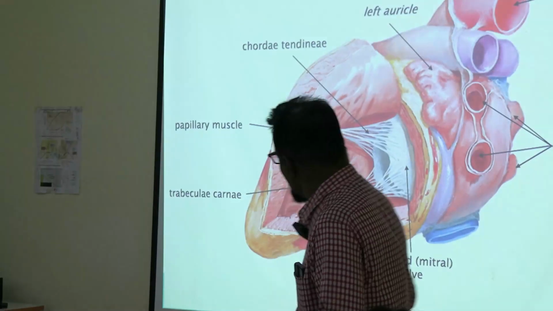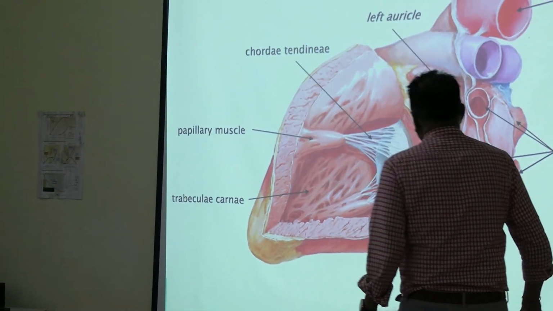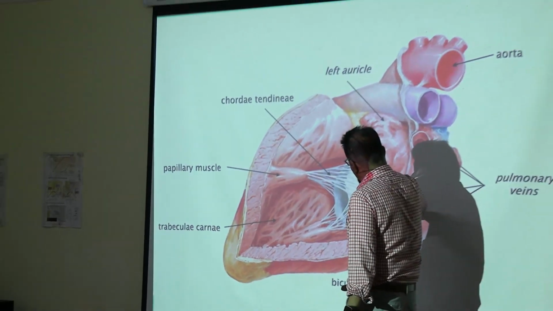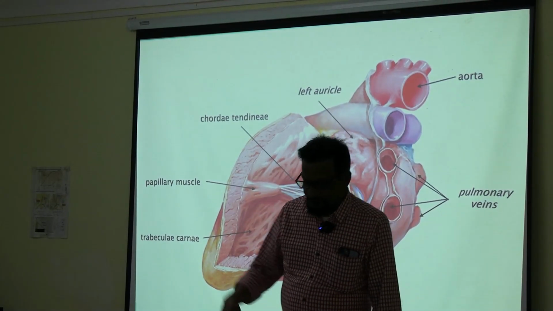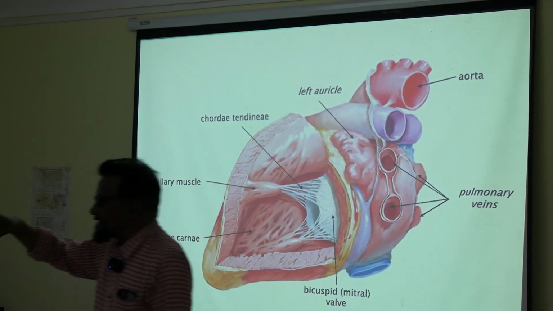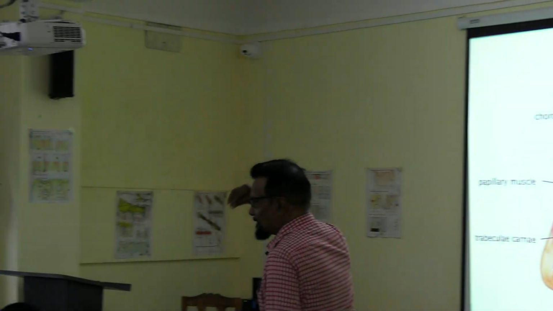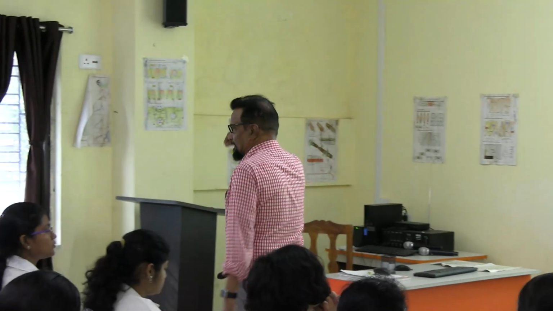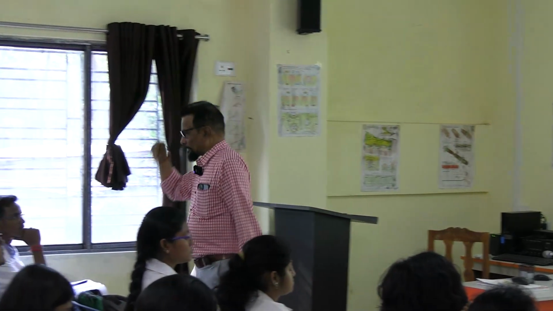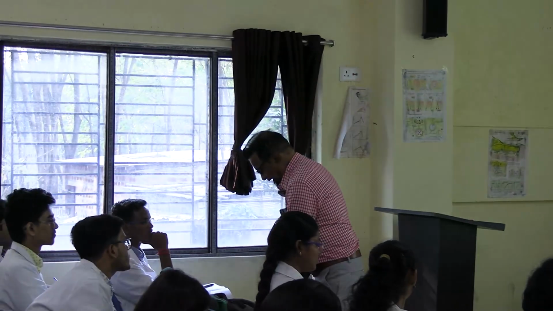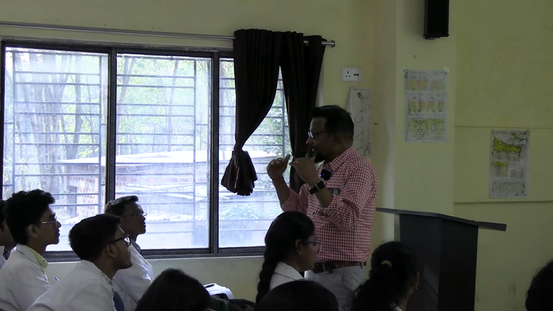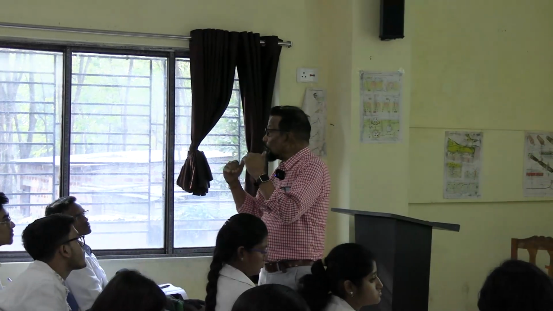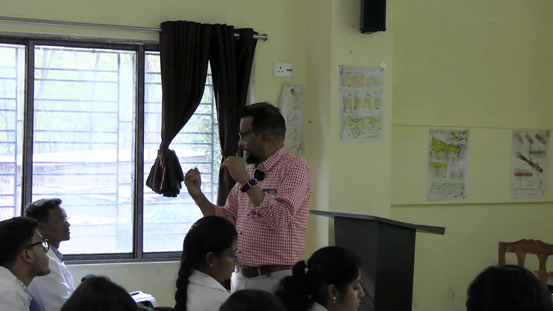Again, the problem may be here in the leaflets, in the cusps. There may be deposition of calcium. Because of deposition of calcium, the cusp will become shortened and there will be an increase in weight.